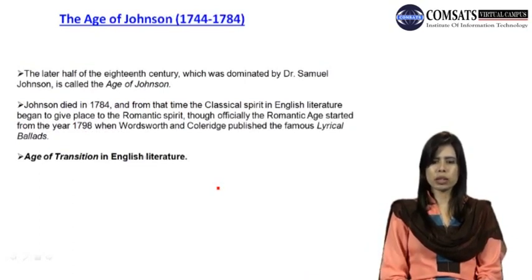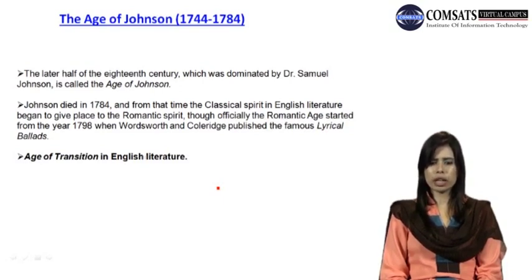The Age of Johnson started right after the Age of Pope, in 1744, and ended in 1784. Here we'll focus on the works of Johnson as well. The later half of the 18th century, which was dominated by Dr. Samuel Johnson, is called the Age of Johnson.